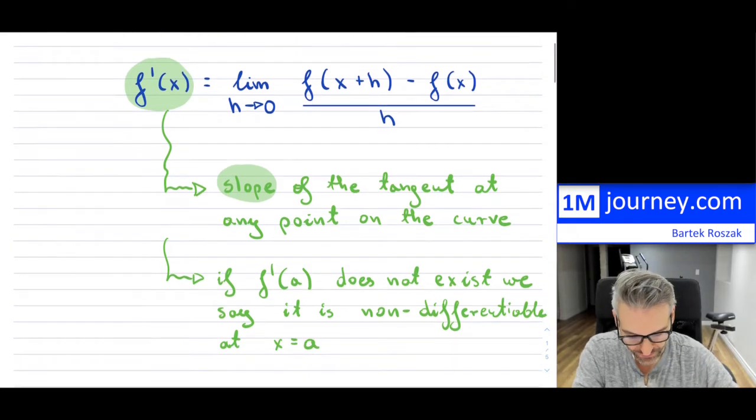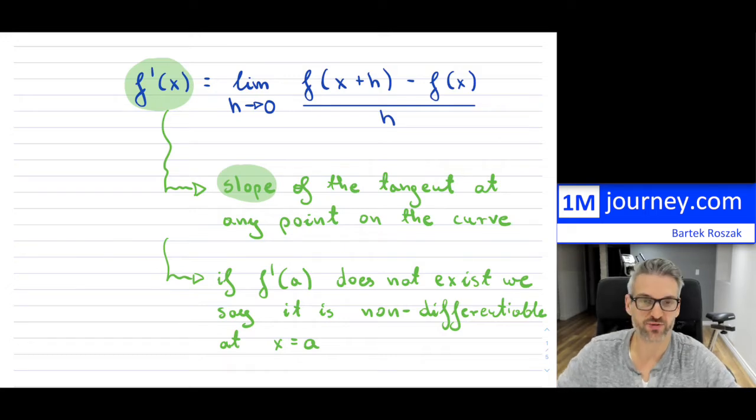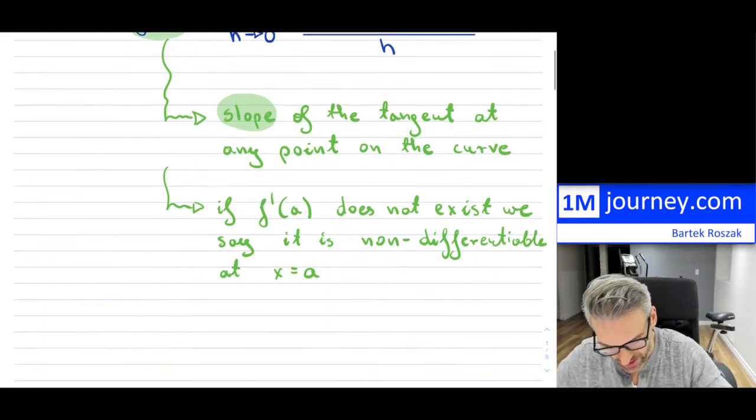Okay, so non-differentiability at a particular point is interesting, and it's important to know because not every function is going to have a derivative at every single point, and we have to be aware of that. So there are two things that you should think about.